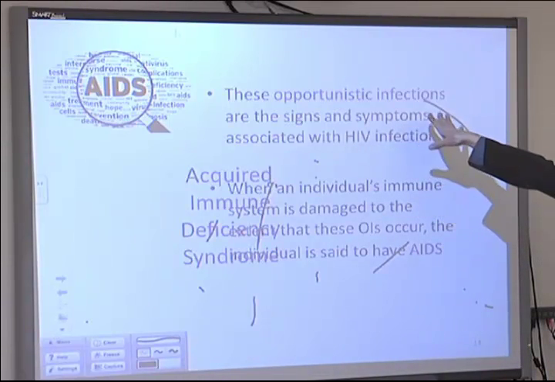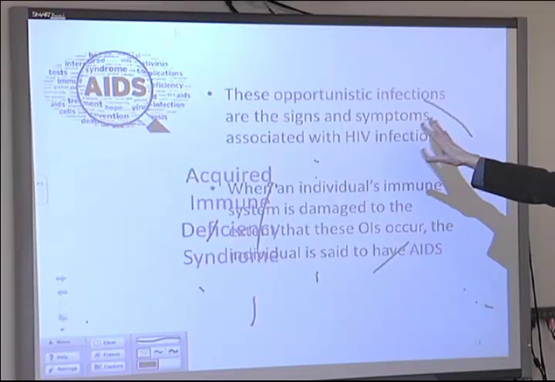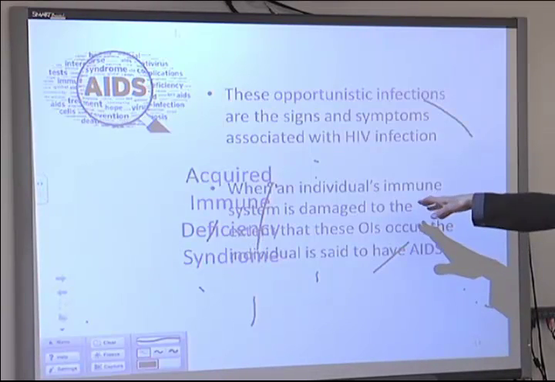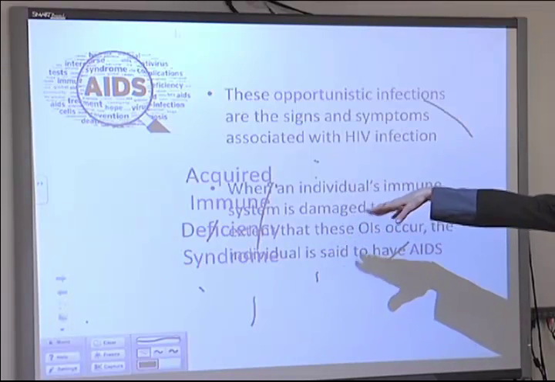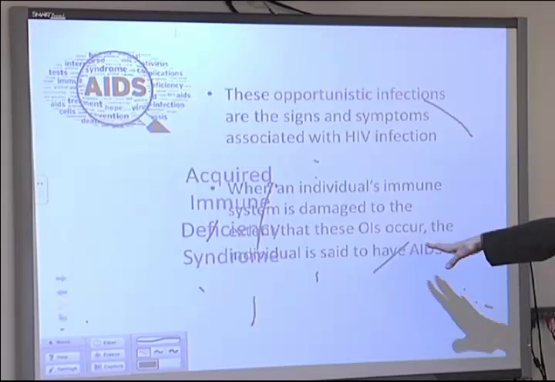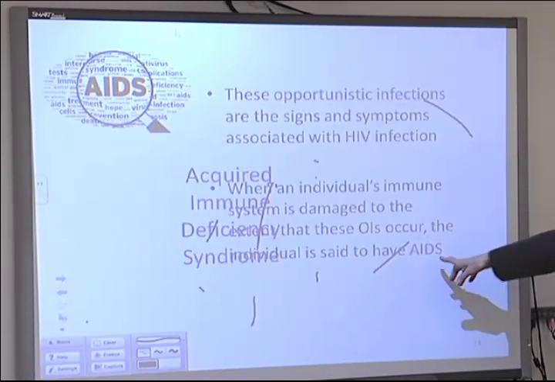This is when opportunistic infections and the signs and symptoms associated with HIV infection appear, such as pneumonia, such as Kaposi's sarcoma. So acquired, or the A, is when an individual's immune system is damaged to the point that these individuals are said to have AIDS.